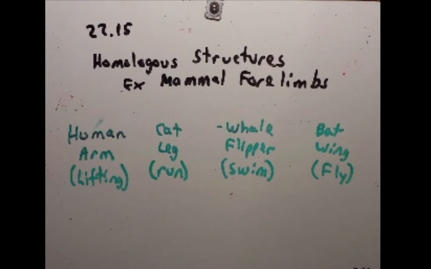With such diverse functions of these forelimbs of these different mammal examples, we might predict that different anatomical structures would be found when we start taking a closer examination of these forelimbs. But what we find is that there are remarkable similarities between them. And now I want to show you the picture in your book of these and go over what is found.